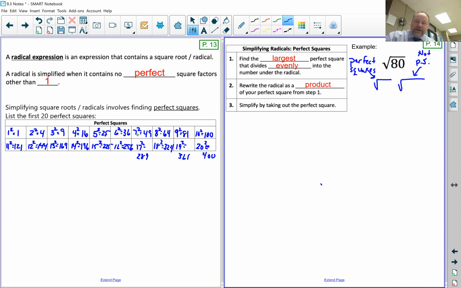So you're just looking, 80 divided by 64, do I get an integer answer? 80 divided by 49 does not work. 80 divided by 36 does not come out even. 80 divided by 25 does not come out even. 80 divided by 16, oh, that does come out even. 80 divided by 16 is 5.